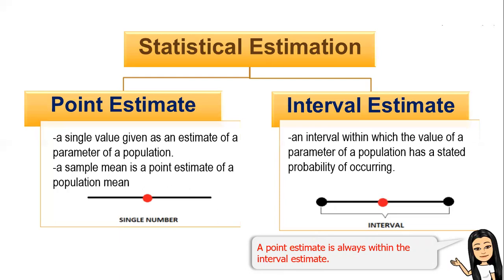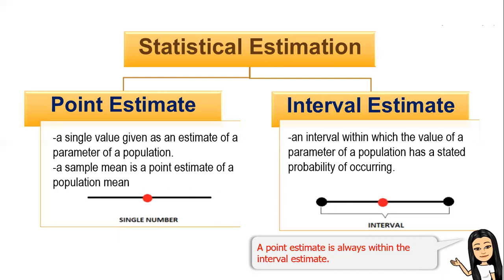For example, if your mean is 800 pesos, but someone would guess the actual parameter, they would say probably the allowance is between 700 to 1,000.